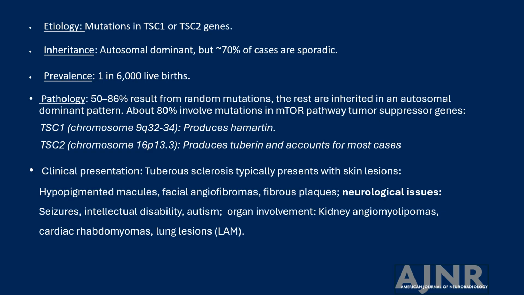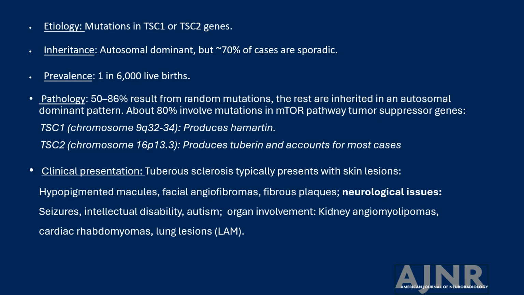About 80% involve mutations in mTOR pathway tumor suppressor genes: TSC1, which produces hamartin, and TSC2, which produces tuberin and accounts for most cases.